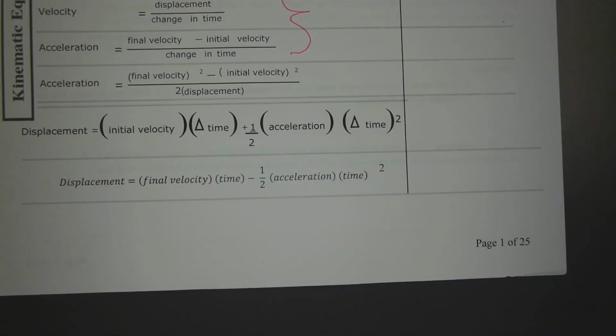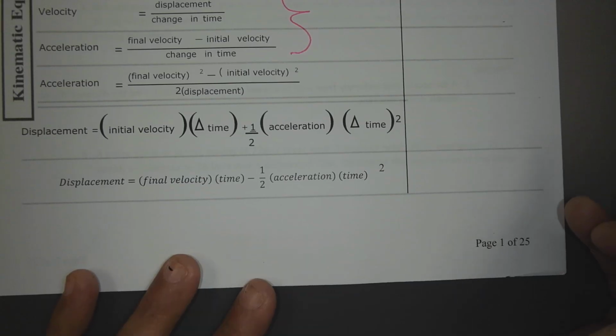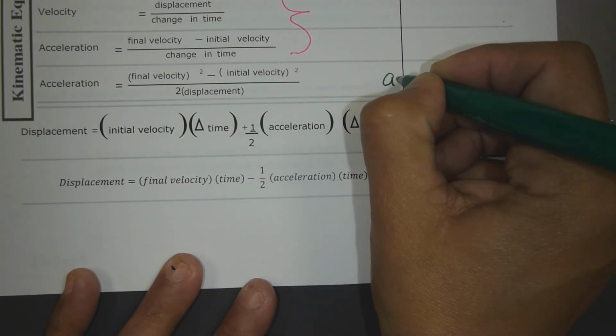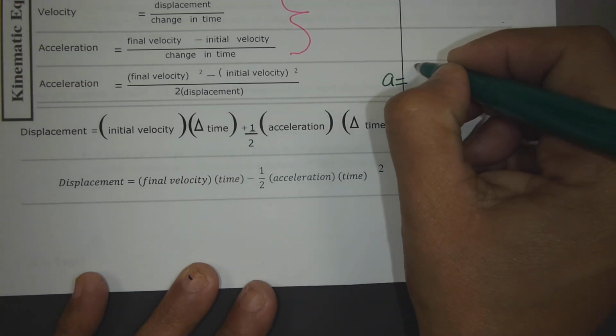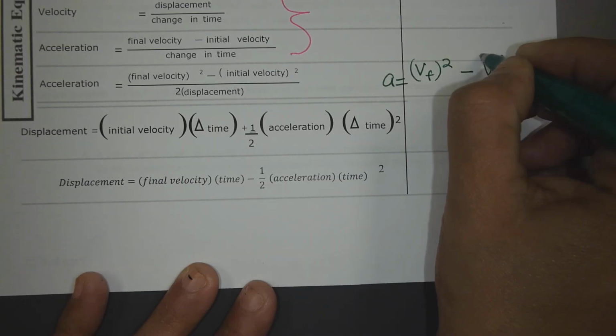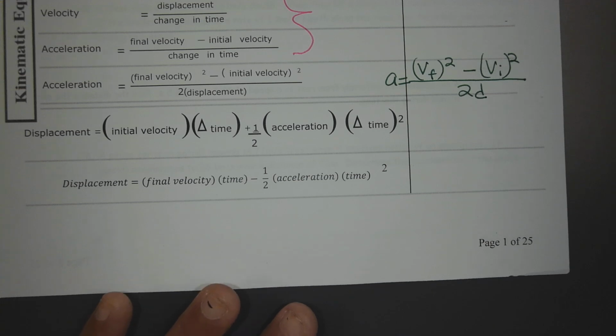Yes, they're new, but we're just using what we did before. So we're going to have a new acceleration, which is final velocity squared minus initial velocity squared over 2d. So we're still using the same variables. We just kind of twisted them a little bit.